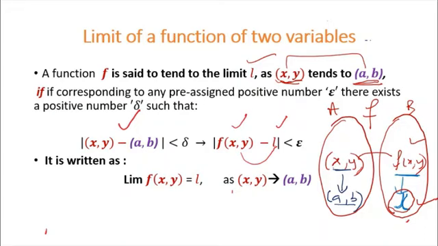If corresponding to any pre-assigned positive number epsilon, that is, any positive real number, there exists a positive number delta such that modulus xy minus ab less than delta, that is, the distance between xy and ab is reducing, implies modulus of f of xy minus L is less than epsilon, the distance between f of xy and L is reducing. It is written as limit of f of xy equals L as x comma y tends to a comma b.